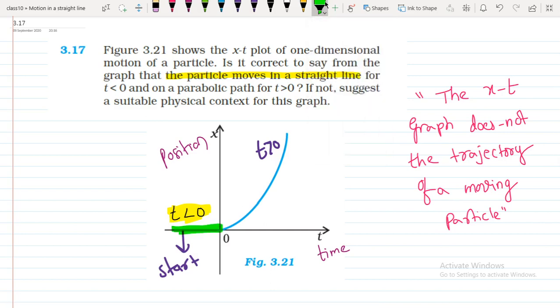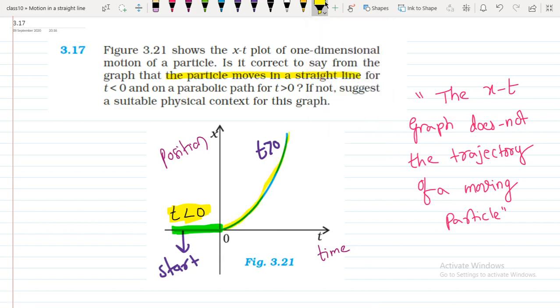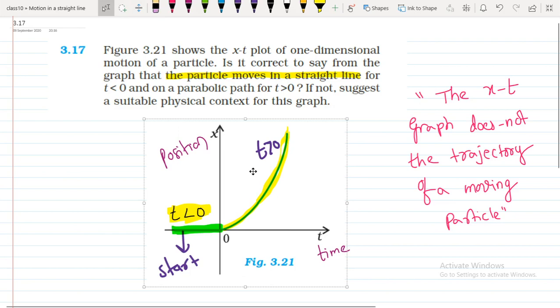Suppose today the vehicle starts at 0 and changes position, so the rest of the graph will represent the change in position of the vehicle, or of a particle. So the time less than 0 represents the period before it starts. So this graph does not represent the position versus time of a particle moving in one dimension.